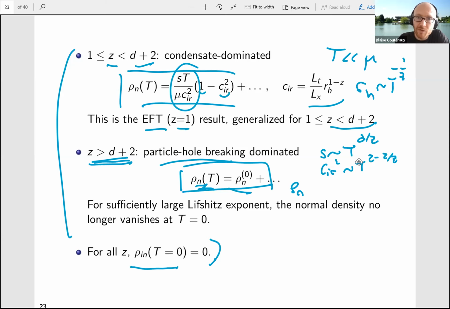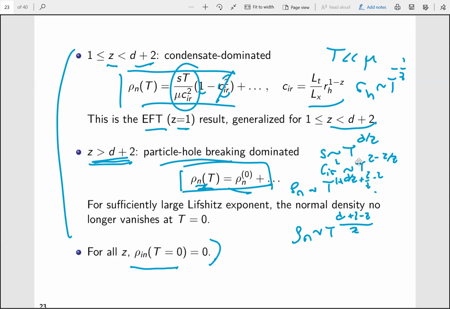So at very low temperatures, I can just neglect it. Right. So now rho n goes like T to the 1 plus D over Z plus 2 over Z minus 2, which is rho n going like T to, sorry, let's get this right, (D plus 2 minus Z) over Z.